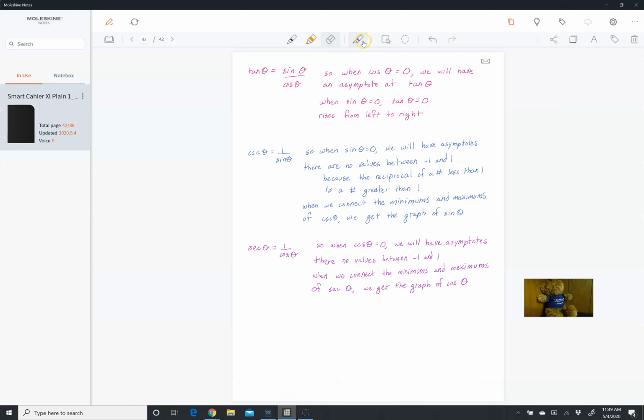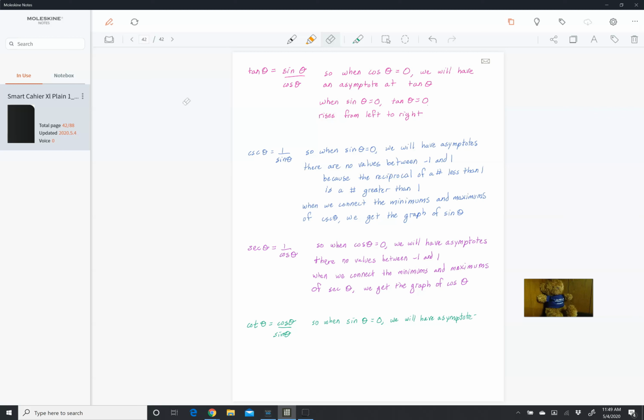So cotangent of theta is cosine of theta over sine of theta. So when sine of theta equals 0, we will have asymptotes. Notice that's not enough to say that it's cotangent, right?